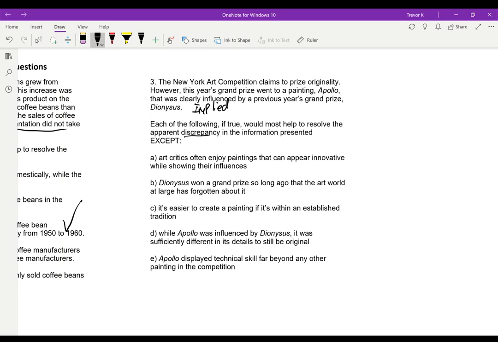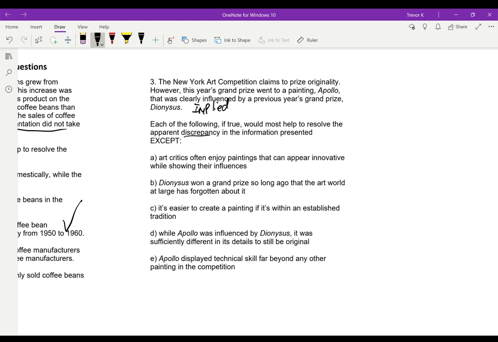And the implied conclusion is, therefore, the New York art competition, something went wrong, right? If they claim to prize originality, therefore they prize originality because this year's grand prize went to a painting that was clearly influenced by a previous year's grand prize, right? Huge gap there.